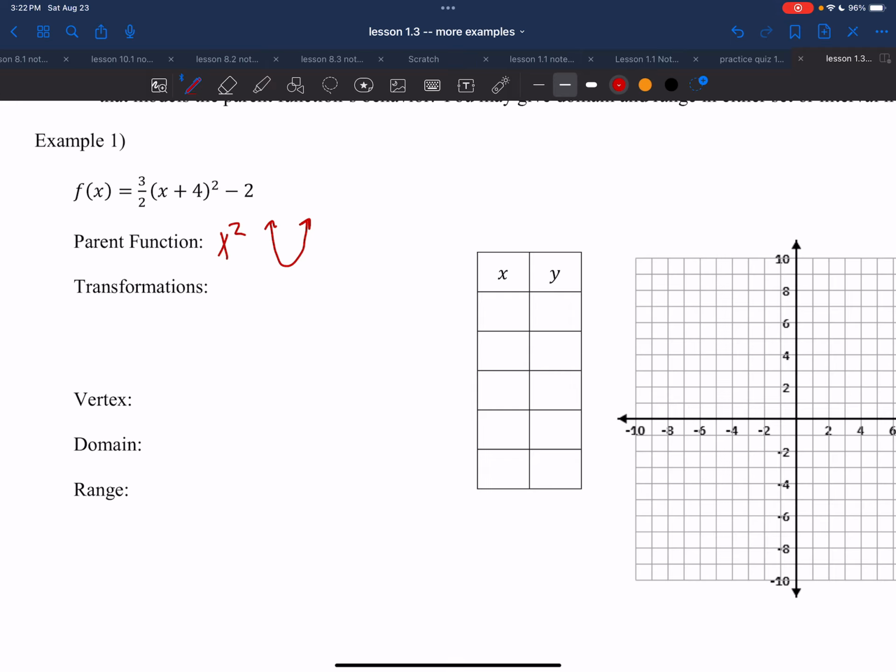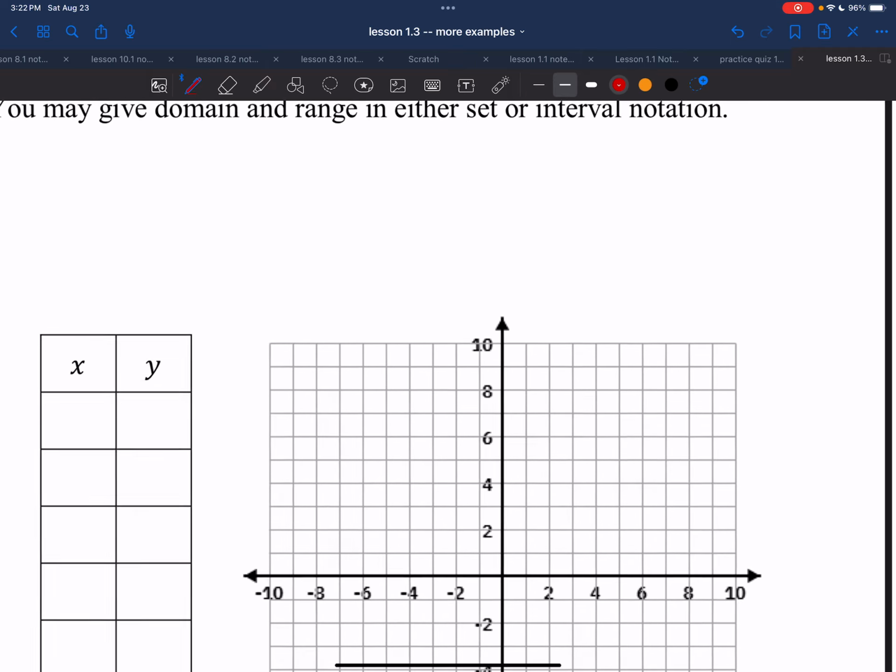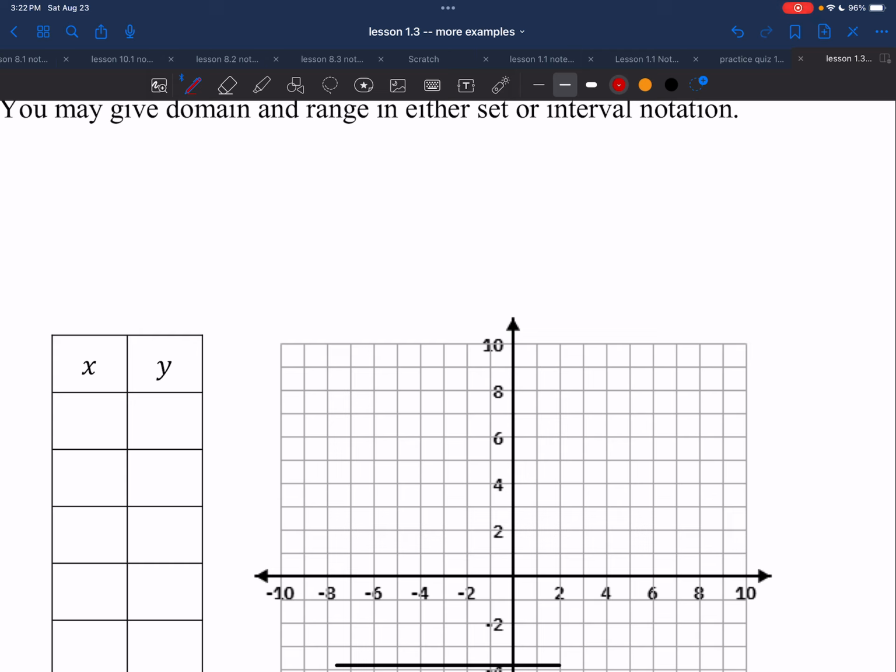I don't have it pulled up in this video, but for reference, I will write it right here. The one-pager describes function transformations as a times f of b multiplying x minus c, and then there's a plus d at the end.